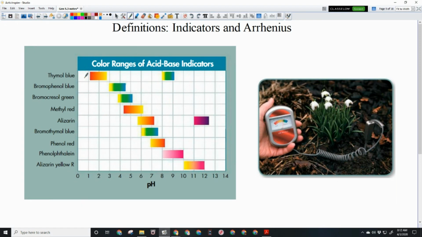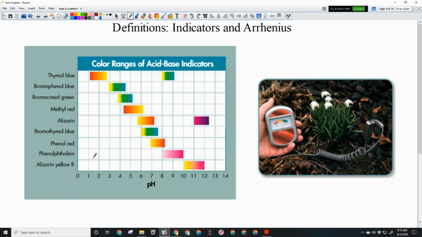Okay, and old school, or it does still have different applications today, there are what we call indicators that we can use in a liquid to find the pH of the liquid. Or if we're trying to test the liquid for different properties, then these different indicators can be used.